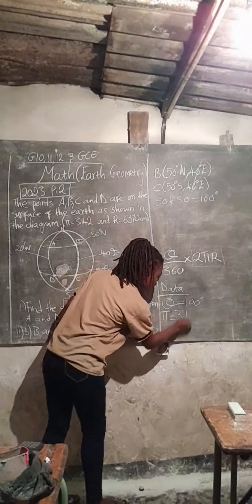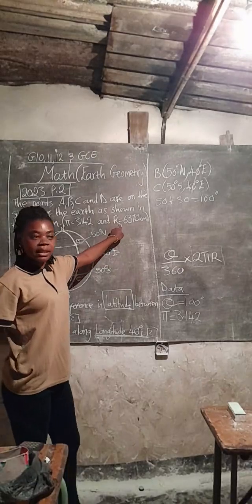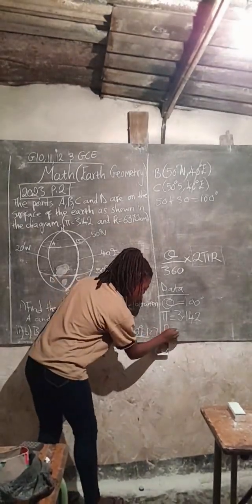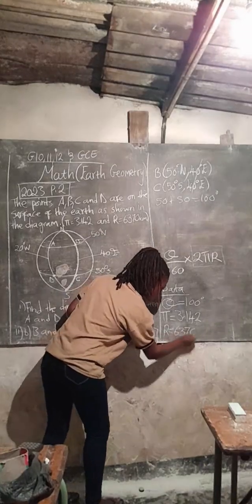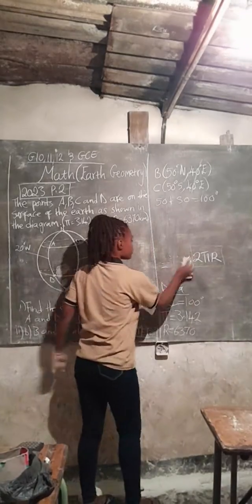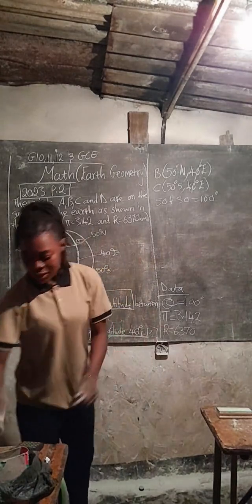So say 3.142. Then what is the radius? They're saying in kilometers, which is 6370. So meaning the radius is 6370. So what are we going to do? Let me move the formula on top.